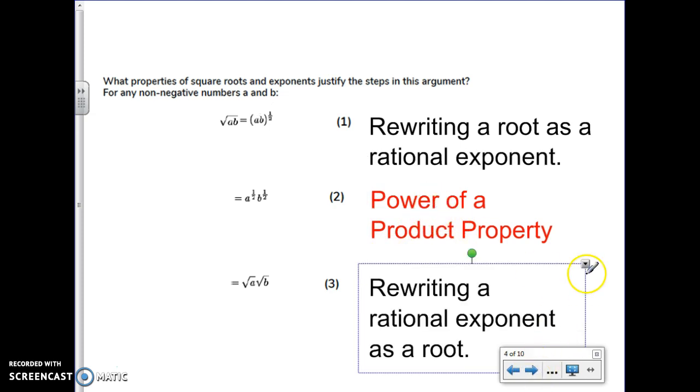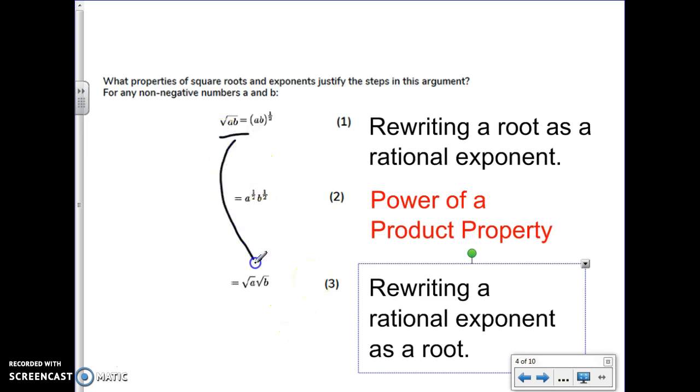And then I can also take my fractional exponent and rewrite it as a root again, two different roots in this case. So I can go from here all the way down to there, but conversely, I can go from here all the way back up to here using the same properties.